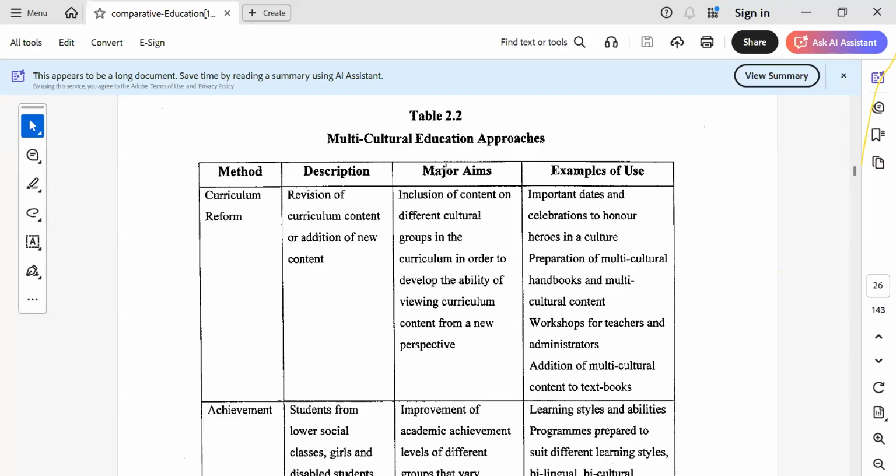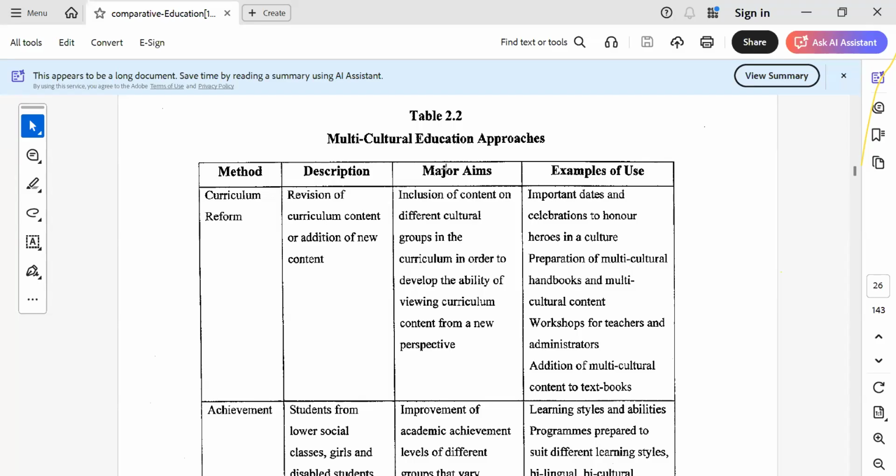So they have included into the curriculum revision of curriculum content or addition of new content. The major aim of this curriculum reform is inclusion of content of different cultural groups in the curriculum in order to develop the ability of viewing curriculum content from a new perspective, right?